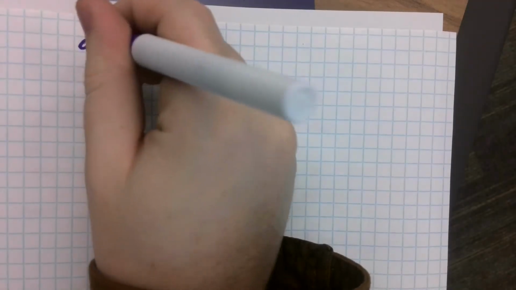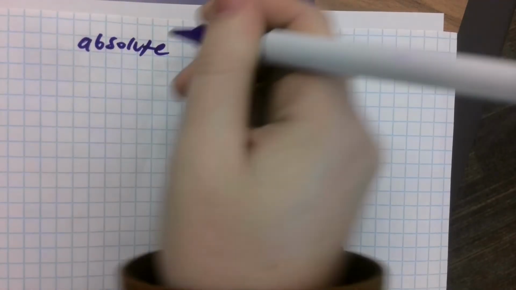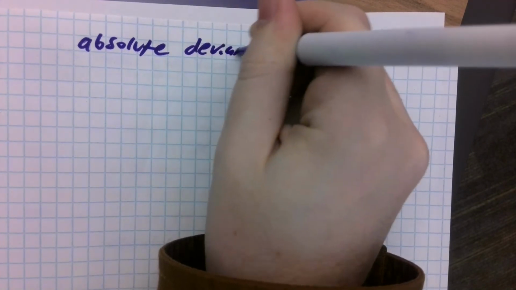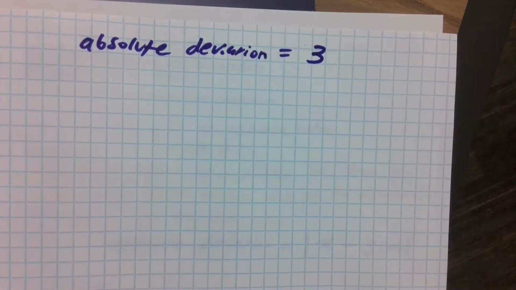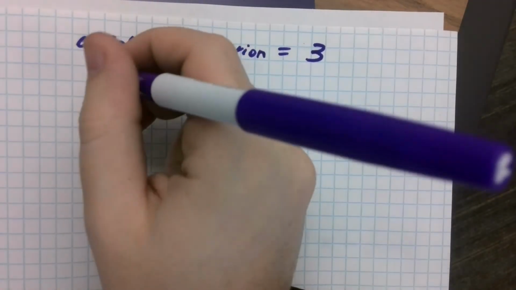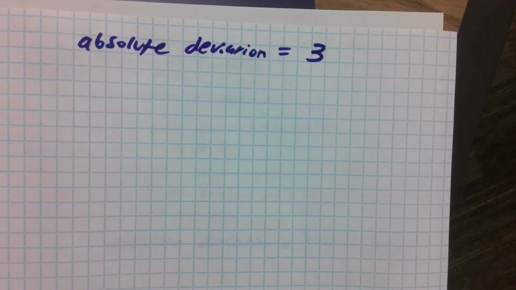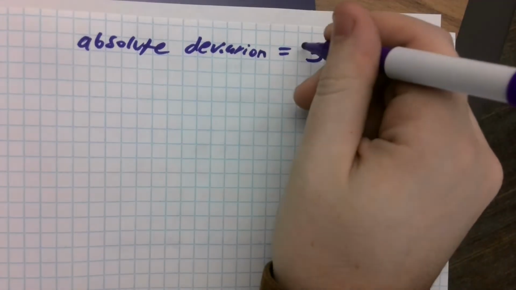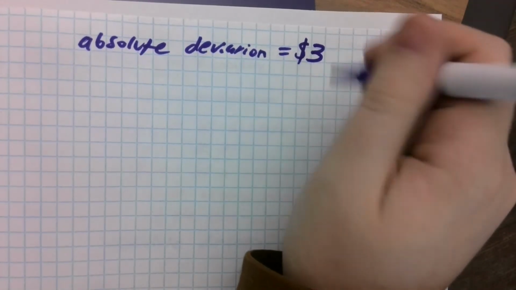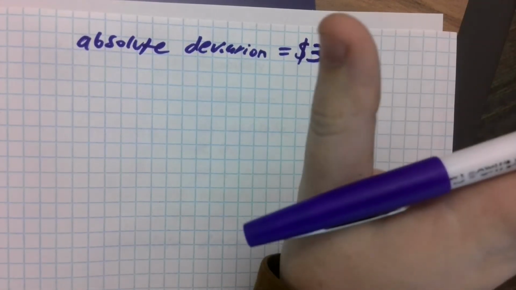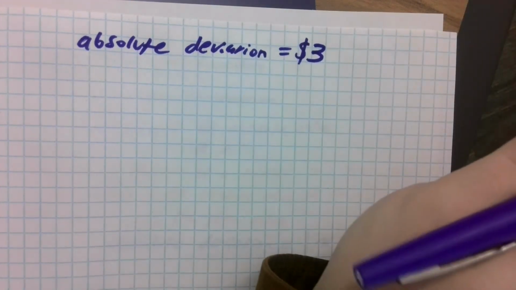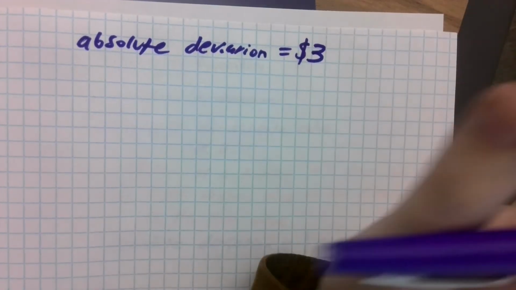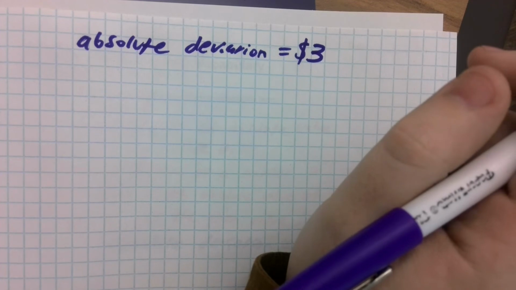Let's say I told you that my absolute deviation is equal to 3. Let's actually use some units here. Let's say my absolute deviation is $3, meaning I can spend $3 more or $3 less than what is originally given.